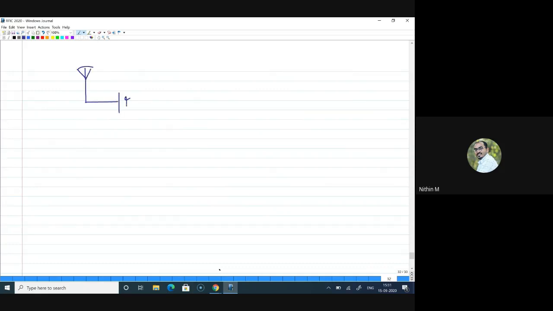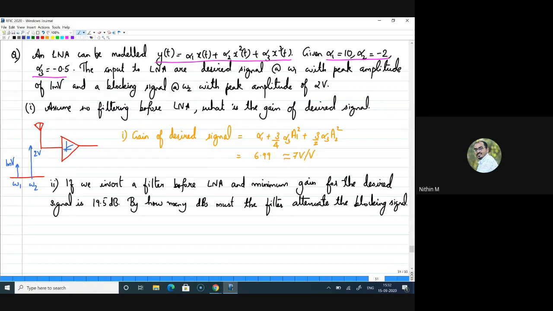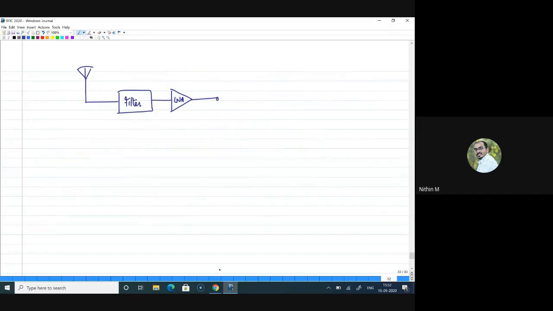So there is a filter here, and after the filter we have the LNA block. One thing, when a filter is introduced, one more piece of information is given. The minimum gain for the desired signal is 19.5 dB. That means this LNA is providing a gain of 19.5 dB, right?